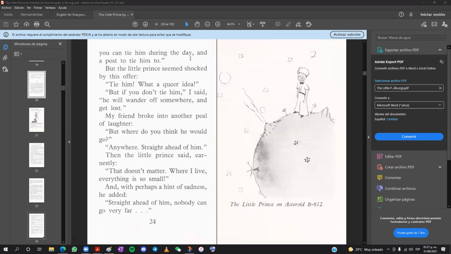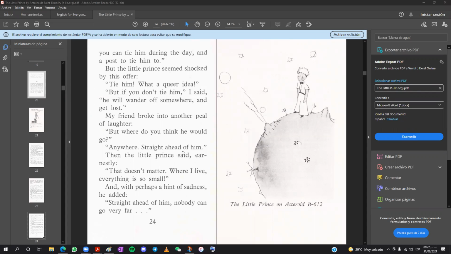Así es. But the little prince seemed shocked by this offer. Tie him? What a queer idea. But if you don't tie him, I said, he will wander off somewhere and get lost. My friend broke into another peal of laughter. But where do you think he would go?